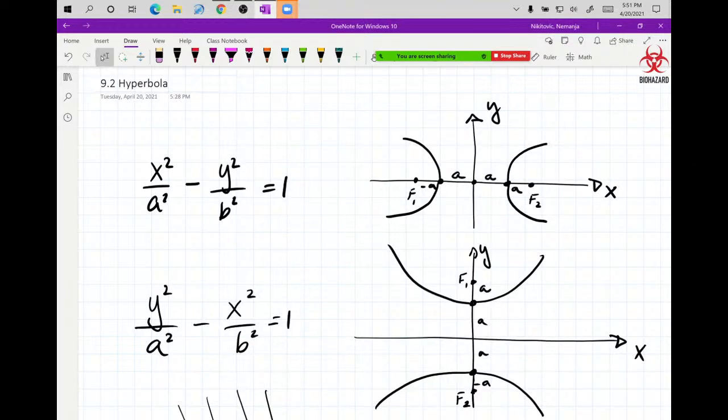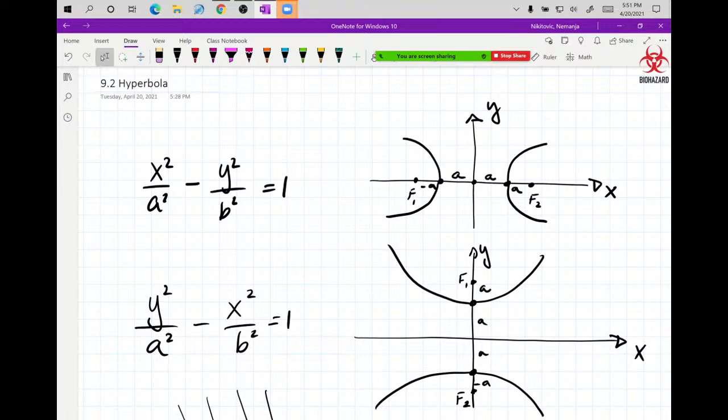The lecture for today is on hyperbola, and I already have the basics listed here. Both of these hyperbolas are centered at the origin, and you have the horizontal hyperbola and vertical hyperbola with their respective formulas.